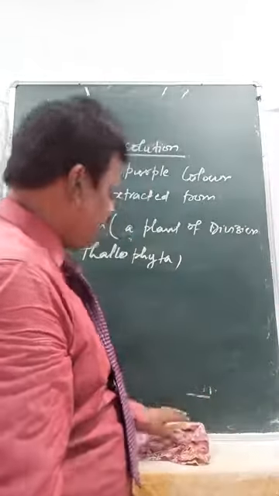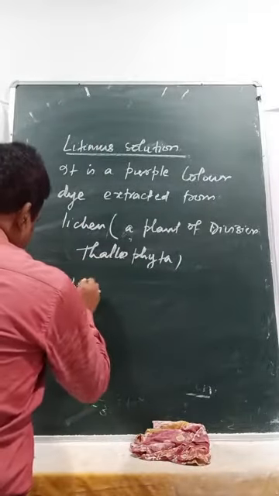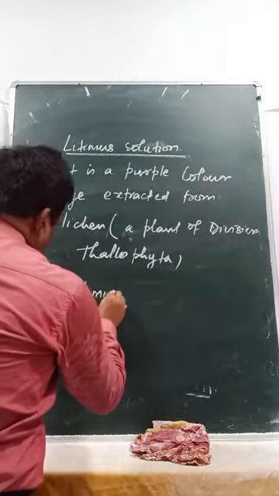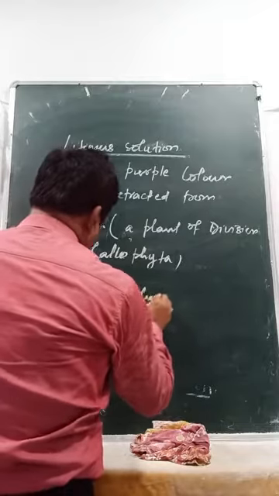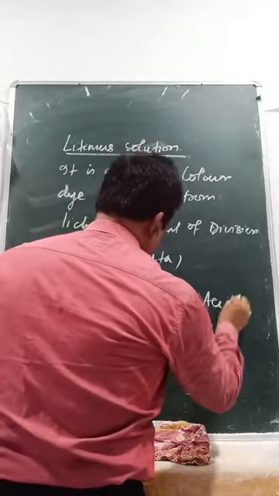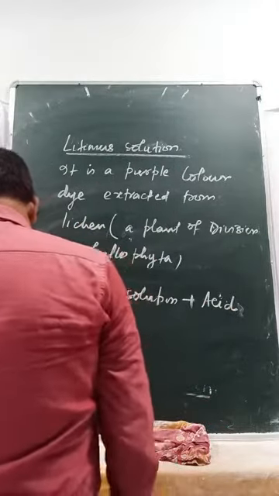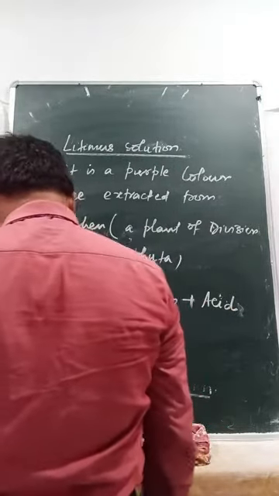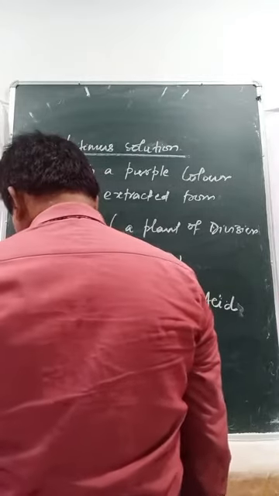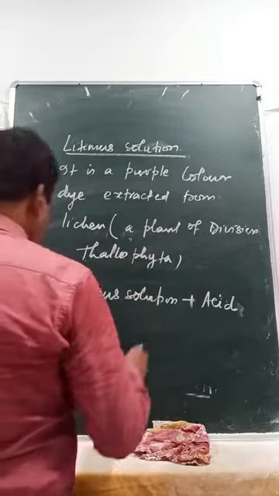So how do you know? What does it do for us? The litmus solution, when you add acid to it, what does it give? It gives you red color.